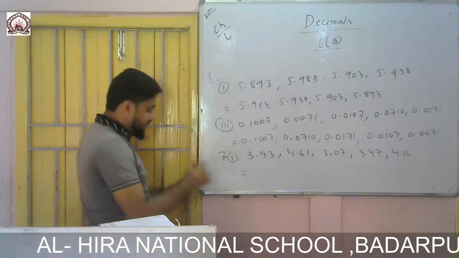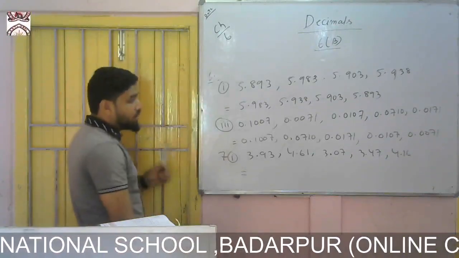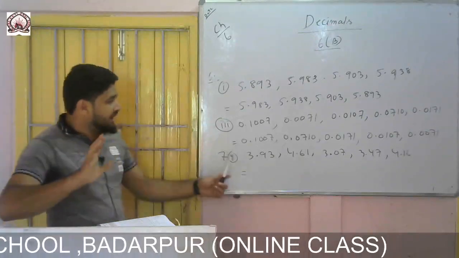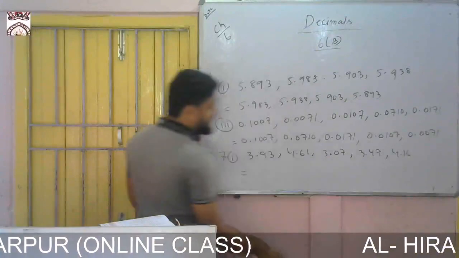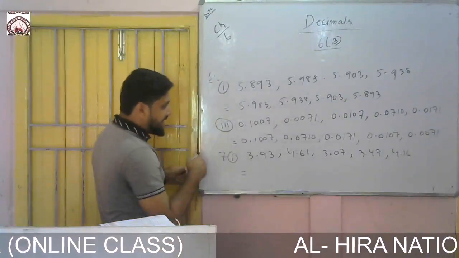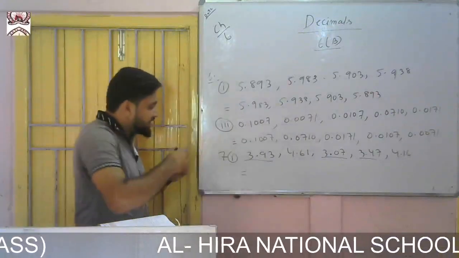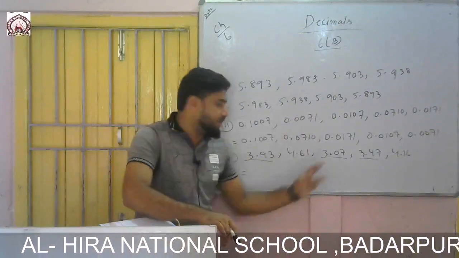Now you check which one is smaller. First you see the integral part: 3, 4, 3, 4, 3. So 3 will come first. There are three numbers with 3 point. Among these, now you check which one is smallest.